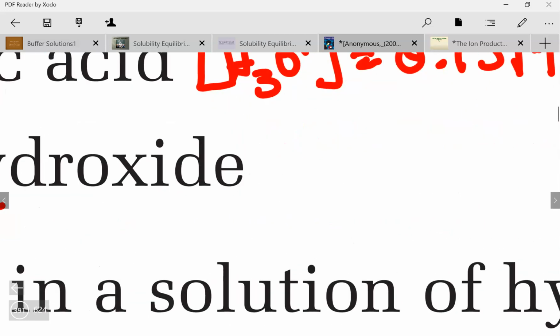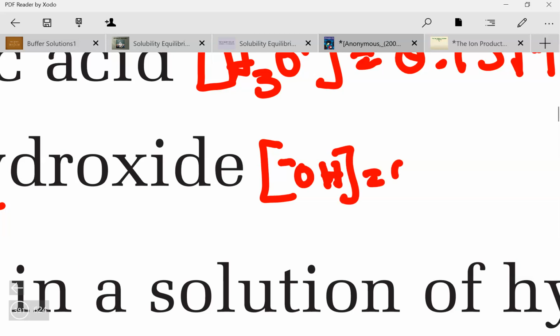So we start with concentration of OH minus equals 0.01024.